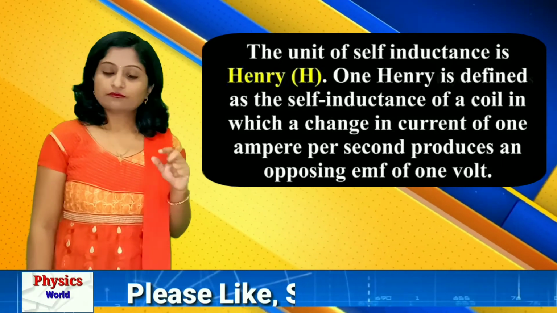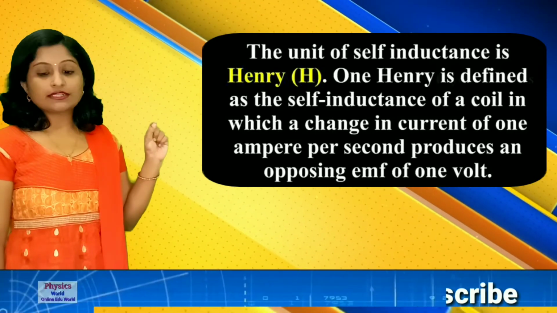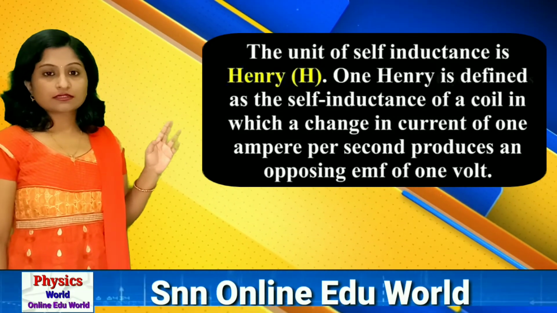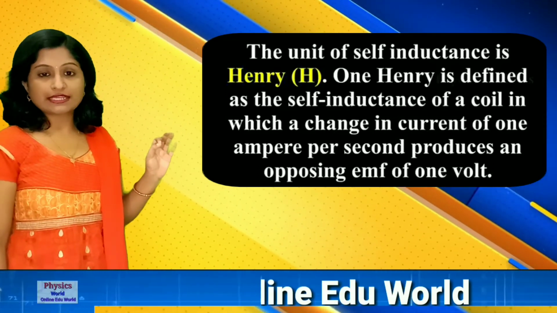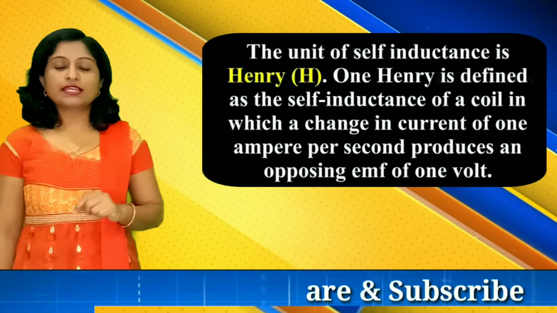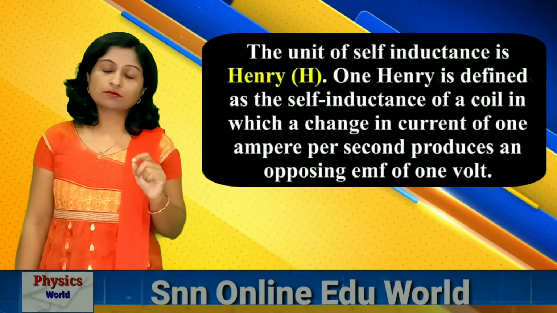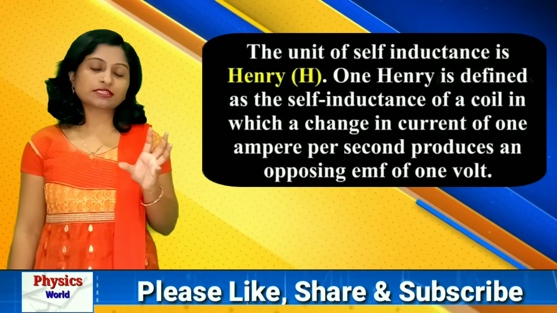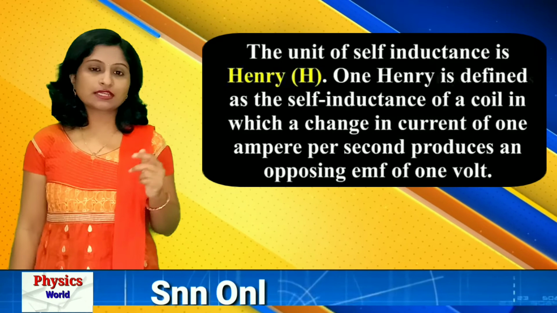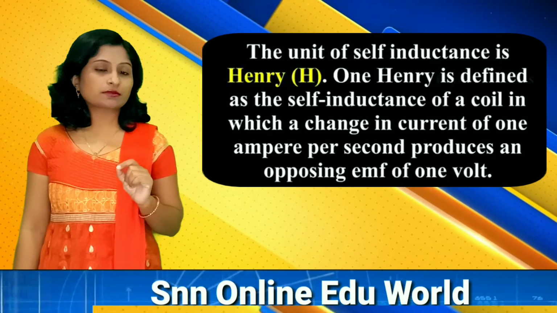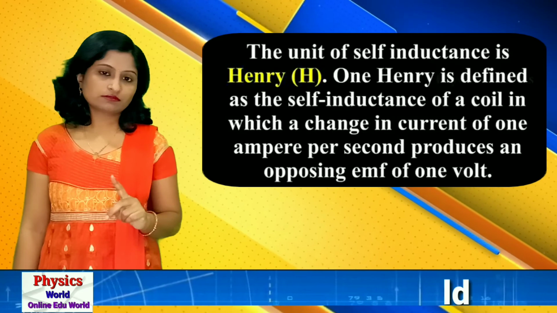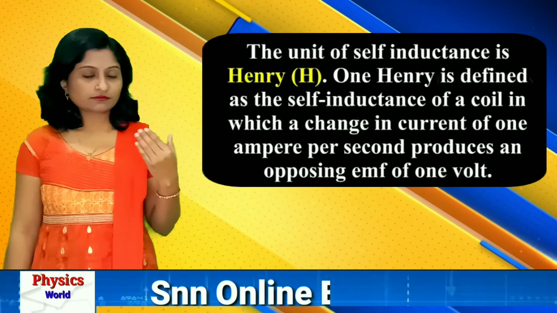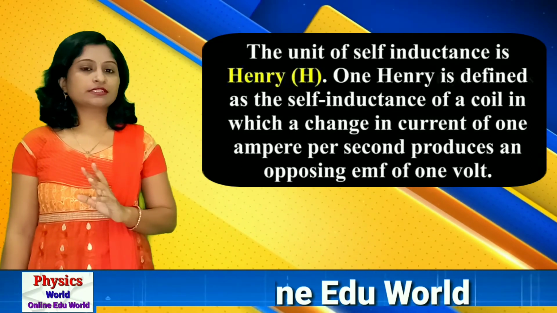So the 1 Henry is the self-inductance of a coil in which a change in current of 1 ampere per second produces an opposing EMF of 1 volt. Okay, 1 Henry means at that time all the values in the equation should be 1. E divided by di by dt which comes should also be 1. So the value of E is 1 volt, di by dt is 1 ampere per second. So 1 and 1 will cancel. That means L is equal to 1 will be the answer.